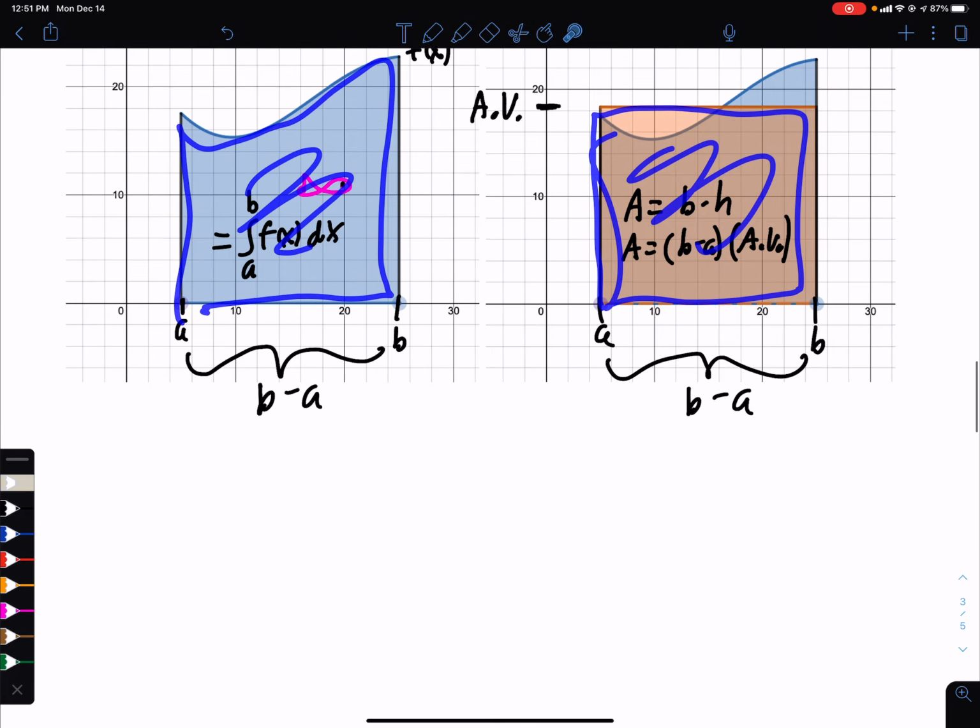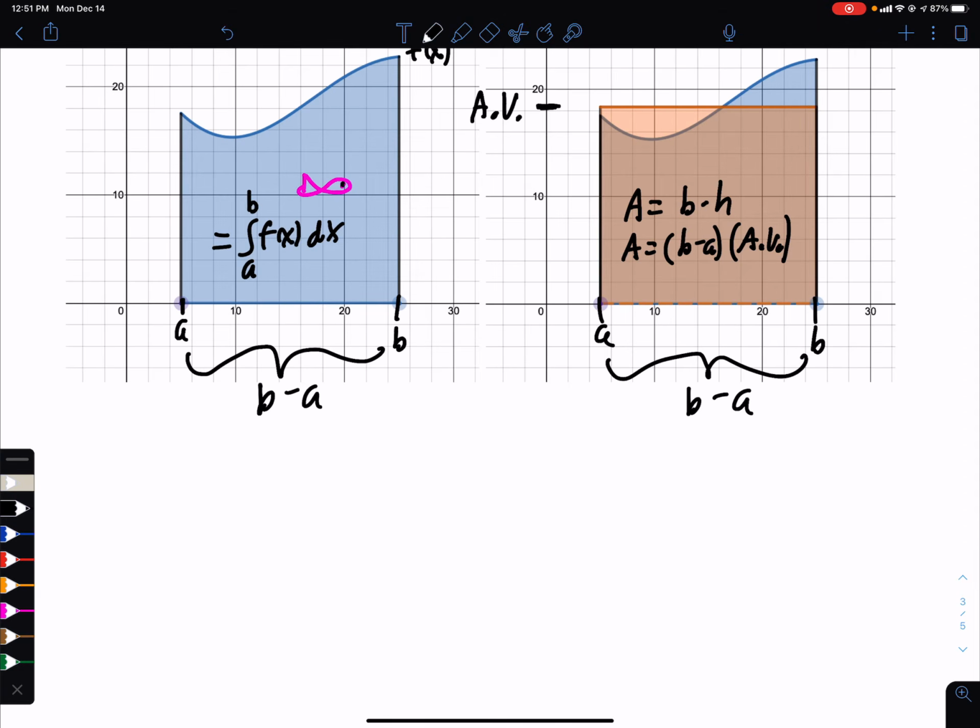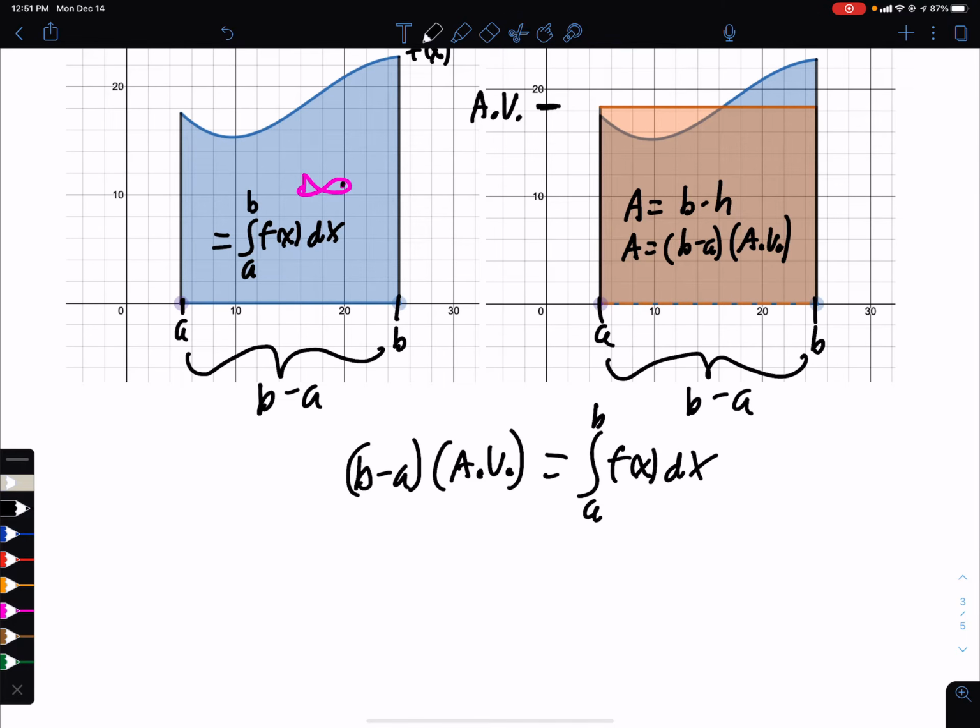So I'm going to write that down. First, I'm going to put the area of the orange, B minus A times the average value equals the integral from A to B of f of x dx.